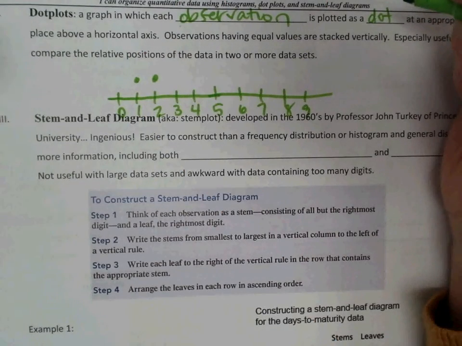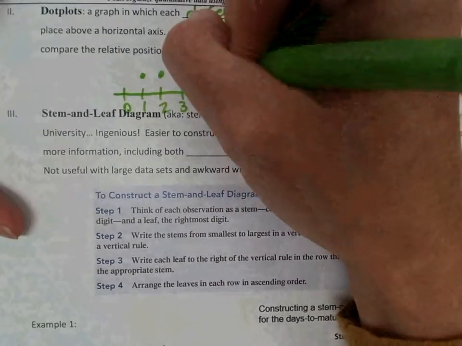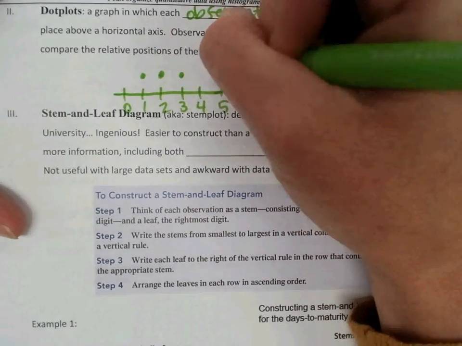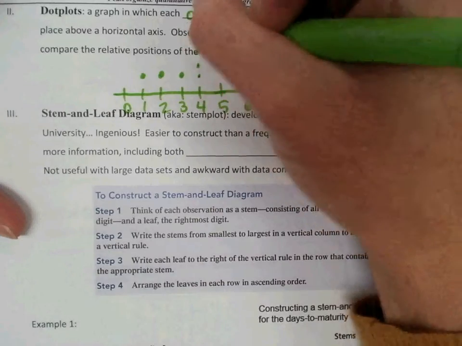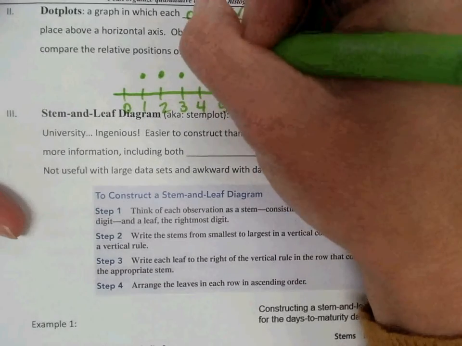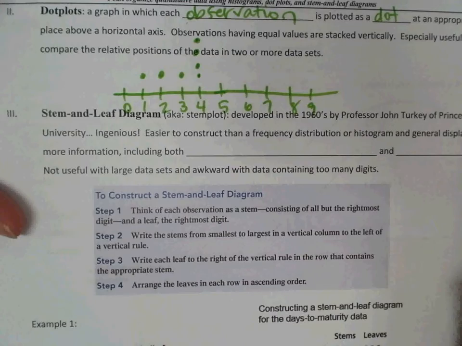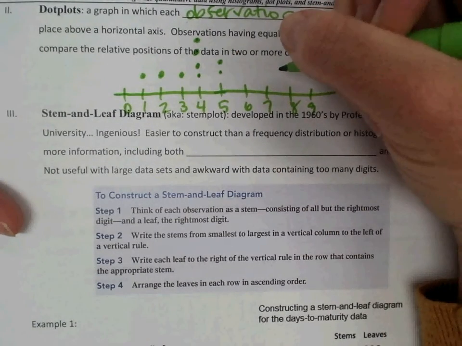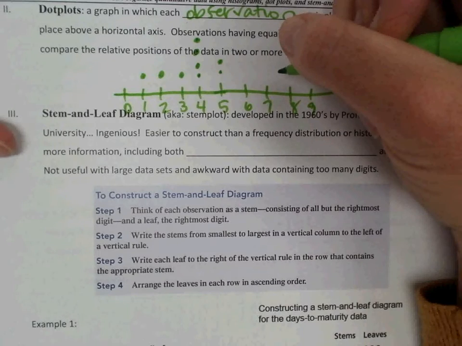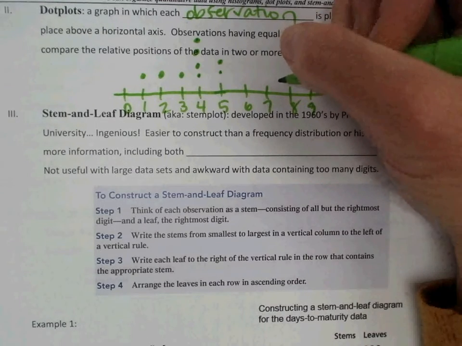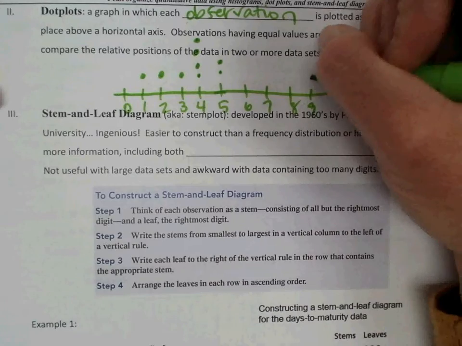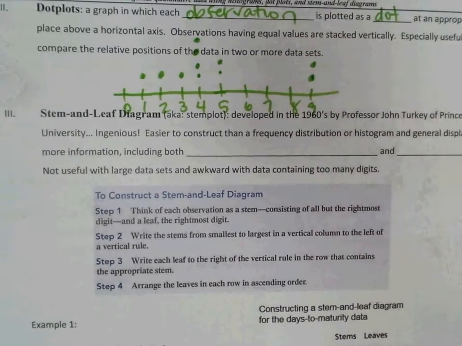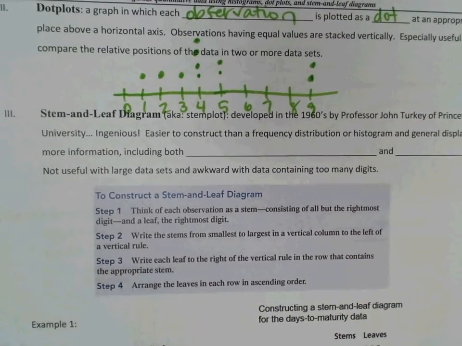Does anybody else have 2 TVs? 3? 4? Okay. 5 TVs. 6 TVs. 7 TVs. 8 TVs. 9 TVs. Okay, so that's just an example of a dot plot. It's a quick way to display data.